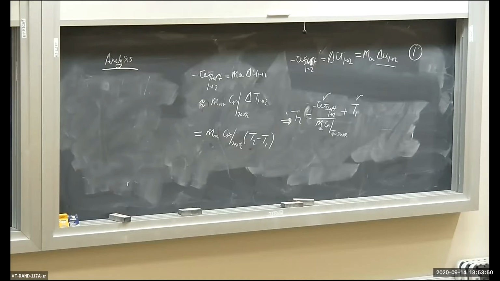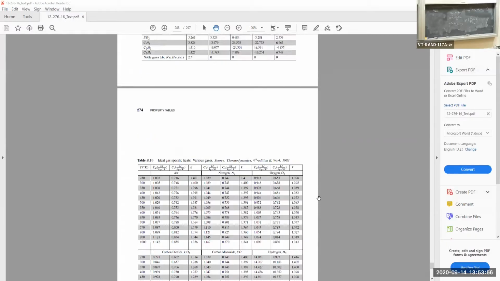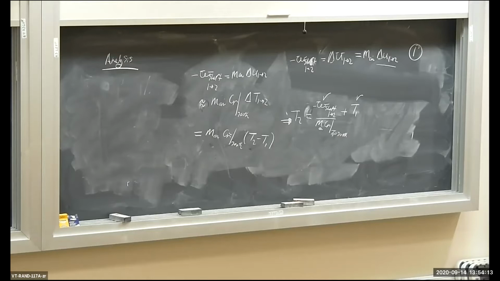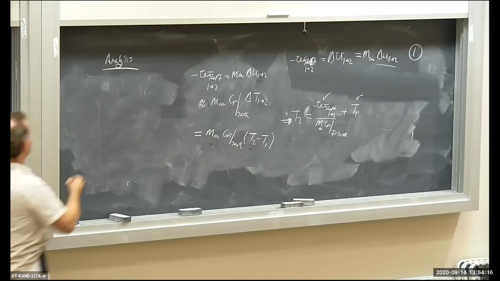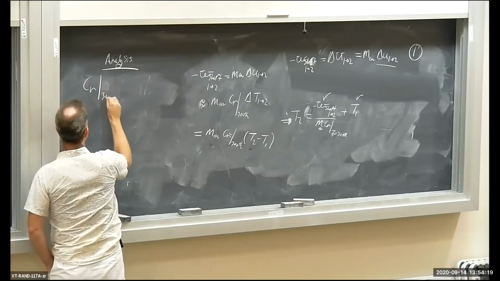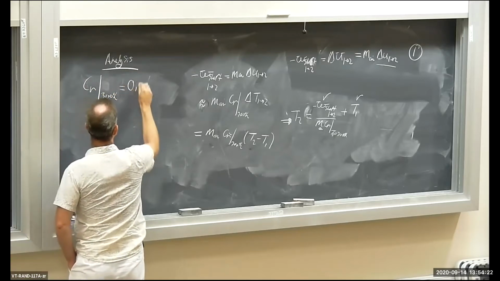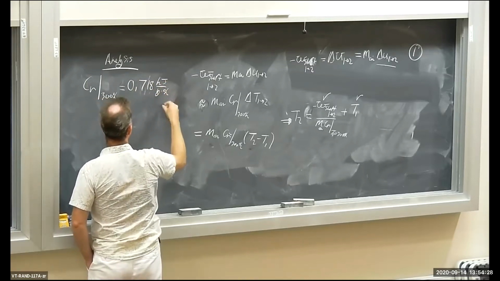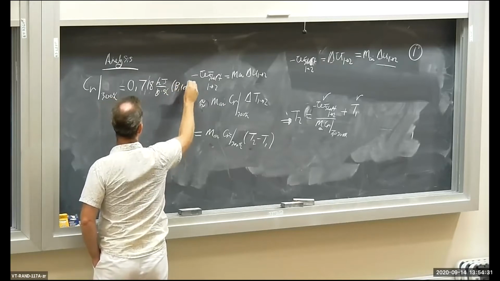Let's see here, share screen. All right, so here's table B10, specific heats, ideal gas, Cv, 0.718 kilojoule per kilogram degree Kelvin. So Cv evaluated at 300 degrees Kelvin is 0.718 kilojoule per kilogram degree Kelvin, and that's from table B10, okay?